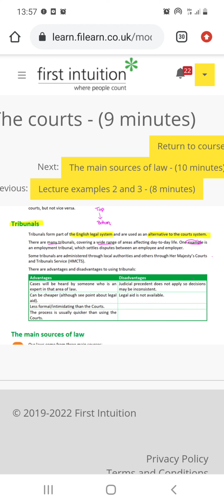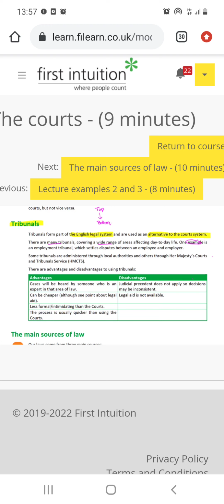Other tribunals might be Immigration Tribunal, Social Security Tribunal, Pension Tribunal. And another is the first tier tax tribunal that actually handles appeals against HMRC decisions.